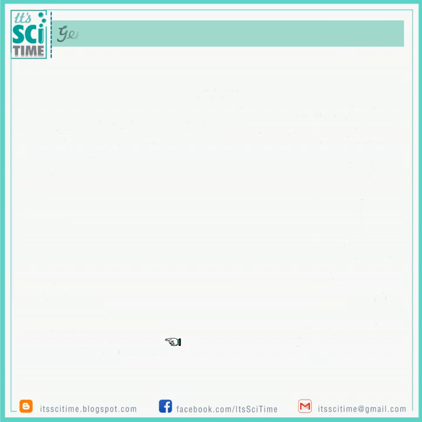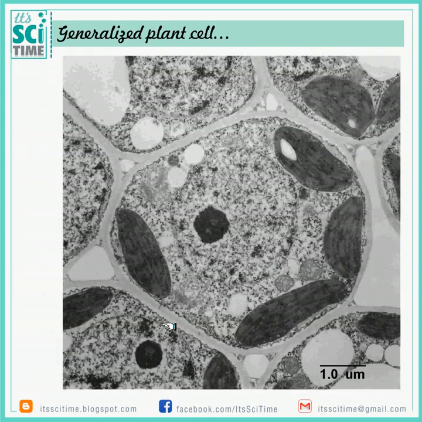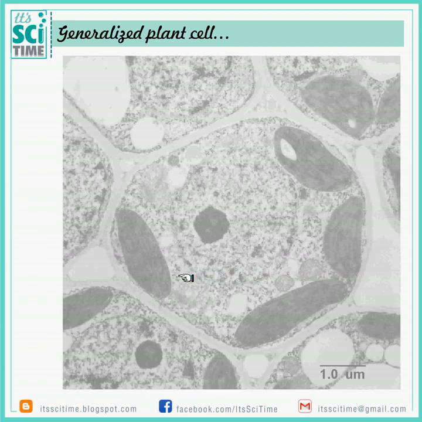Next, move on to the generalized plant cell. See this electron microscopic picture. You can see in this photograph, the plant cell looks a little bit regular in shape, polygonal. And in plant cells, we can see some special structures which are not seen in the animal cell.